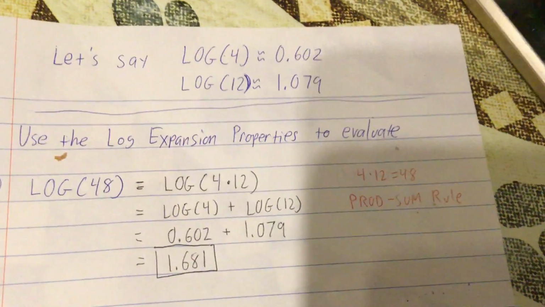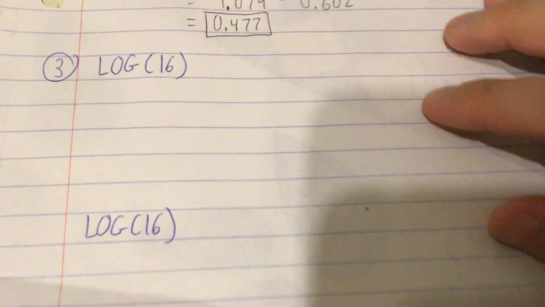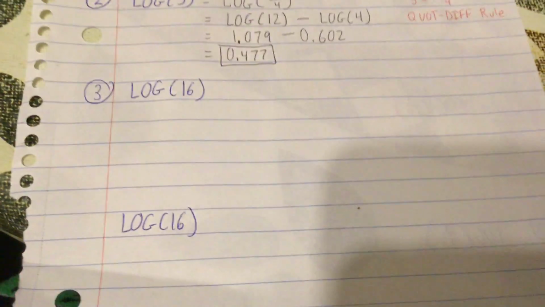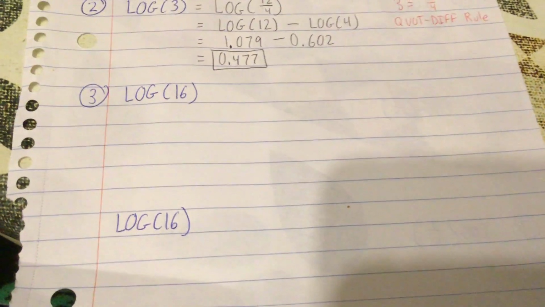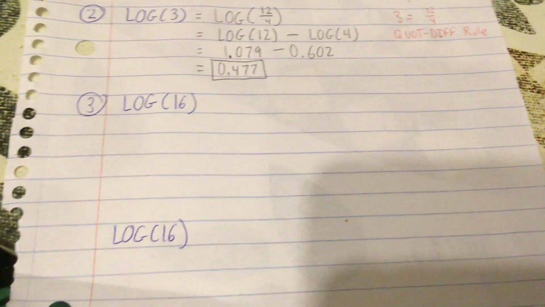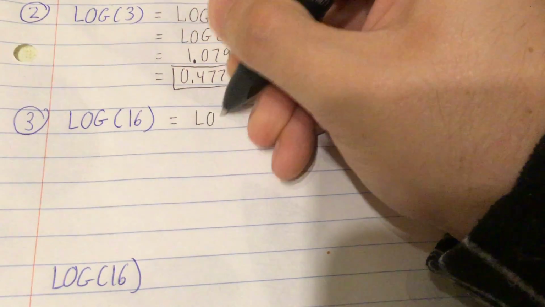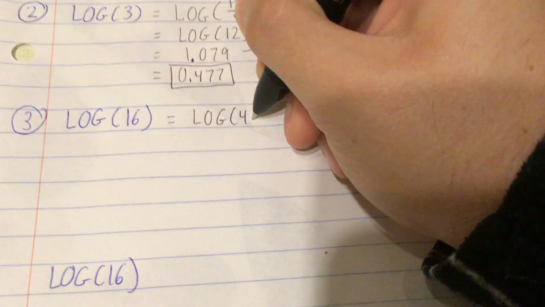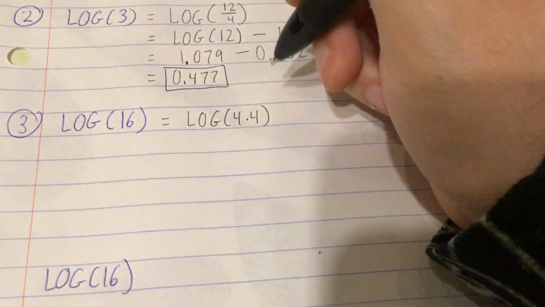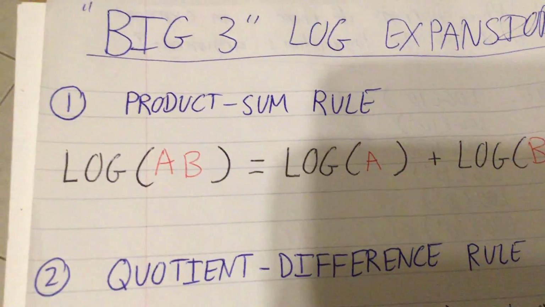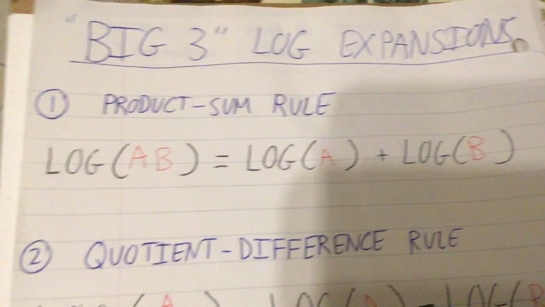Okay, I only know log of 4 and log of 12. Well, what information gets me log of 16? Notice I did the problem twice. Well, 4 times 4 is 16. If it's multiplication on the inside, it expands to addition with their separate factors.